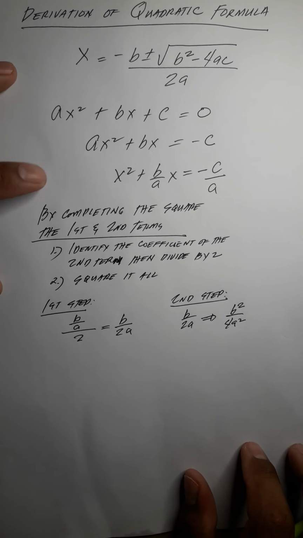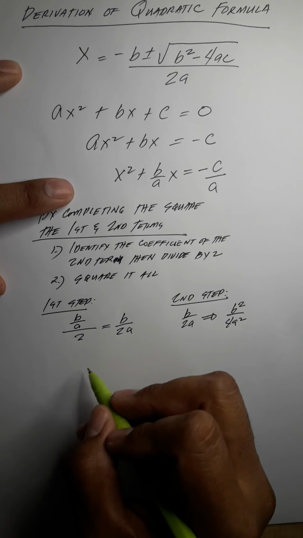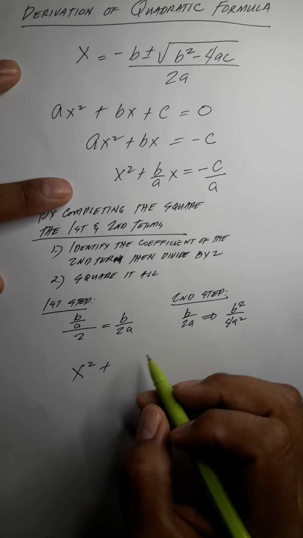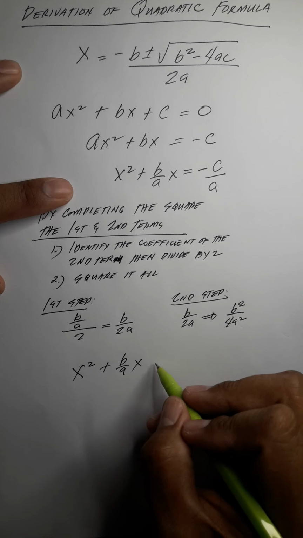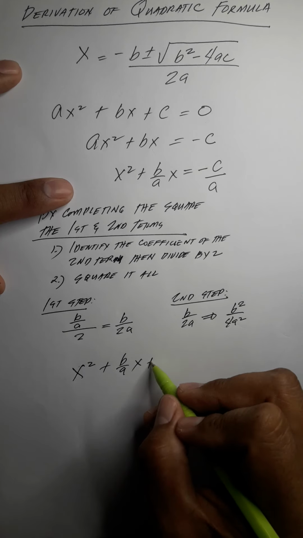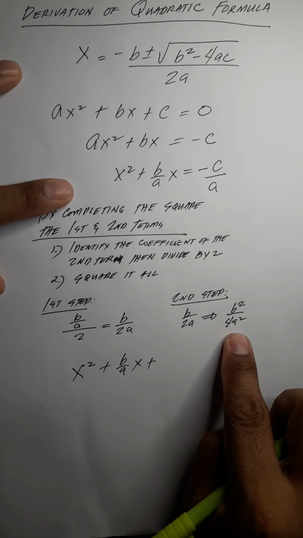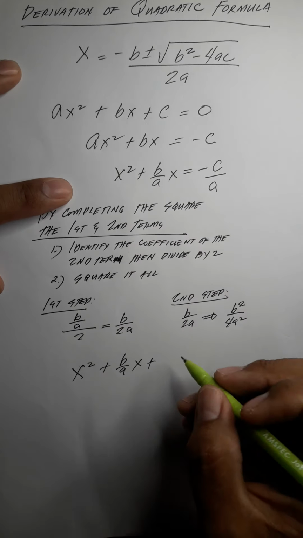Then we go back to this equation. So we have x squared plus b over a x. We need to leave a space because we need to add this term to the left and right side of the equation.